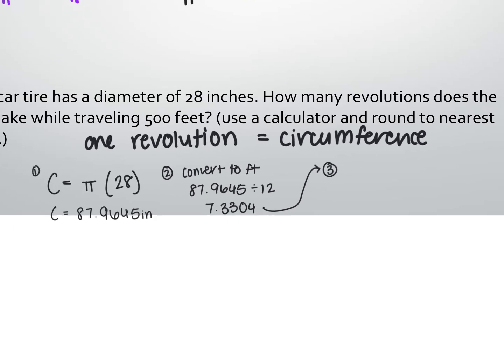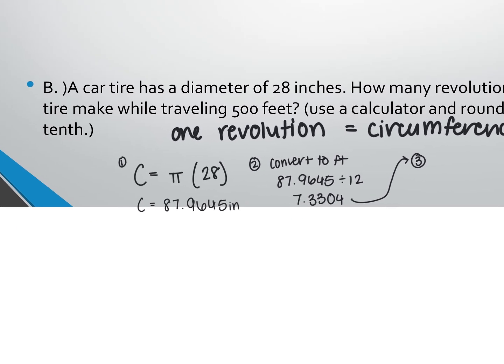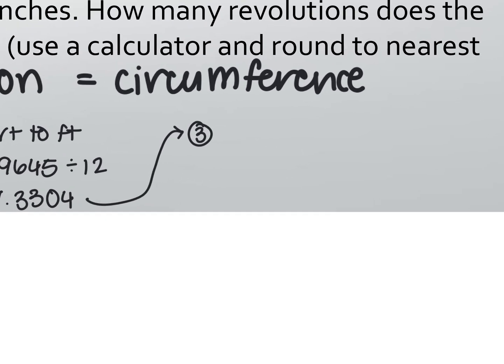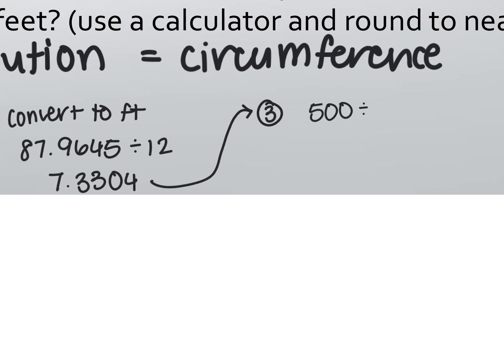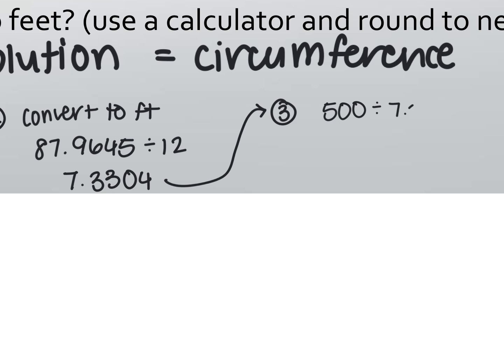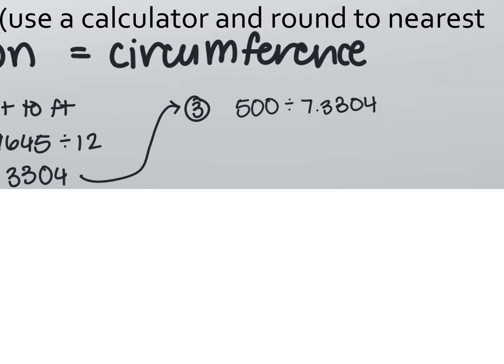Okay, they want to know how many revolutions the tire makes while traveling 500 feet. Lastly, I have to just divide. So 500 divided by, what did I have before? 7.3304. Divide it on your calculator. If you divided correctly, what's my answer?